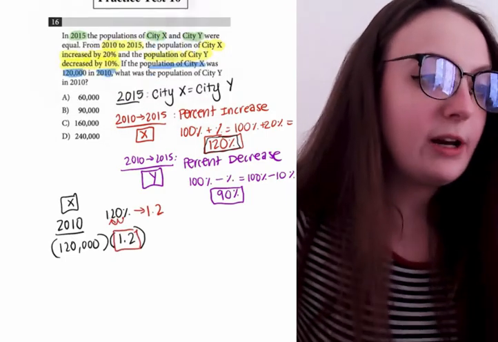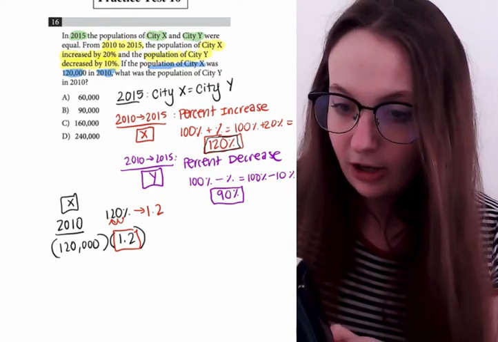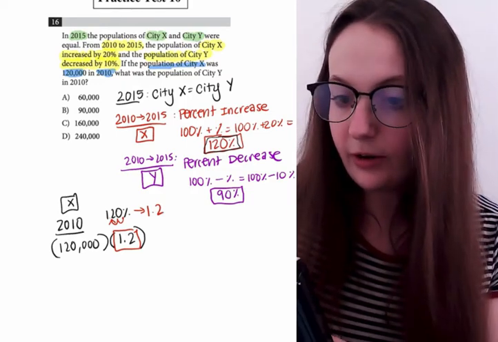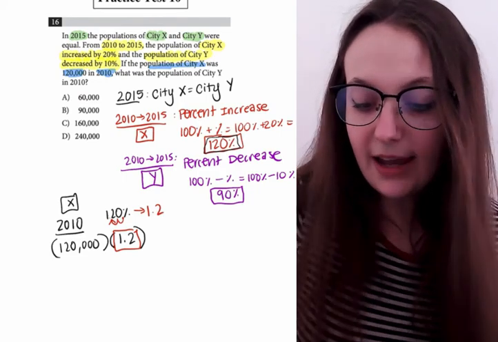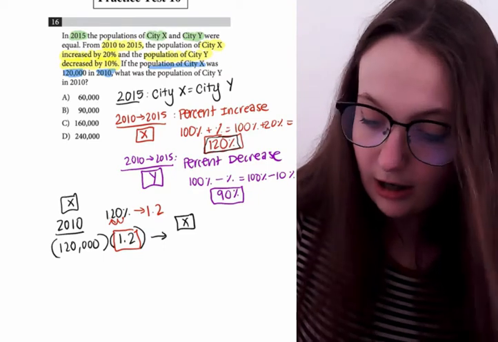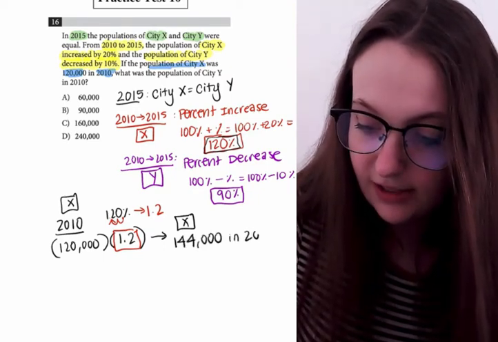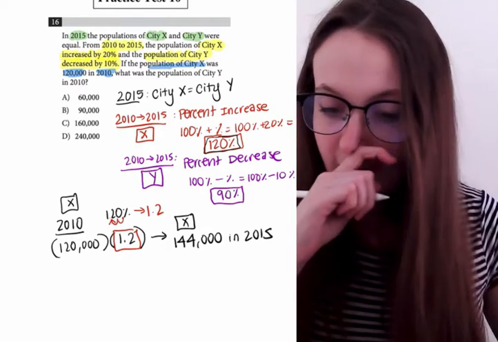120,000, let me grab my calculator, times 1.2. I'm pretty good at mental math, but I don't know if I can do that in my head. That gives us that the population of city X was 144,000 in 2015. So far so good.